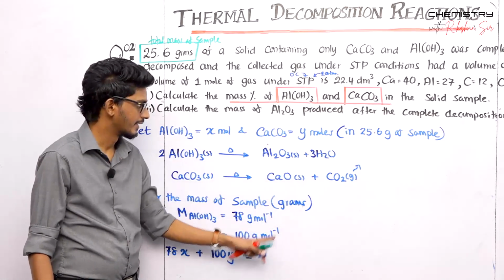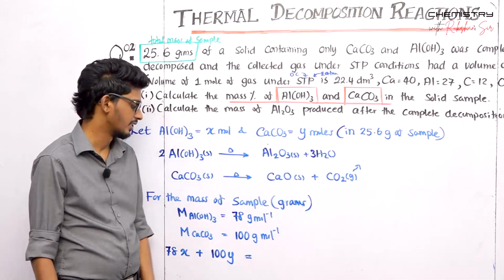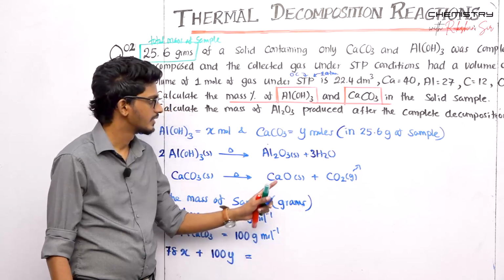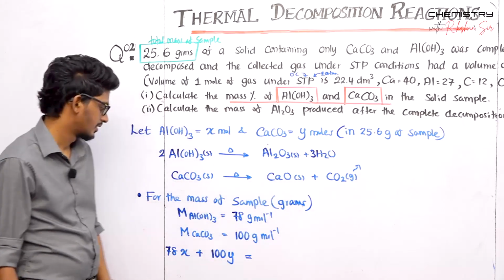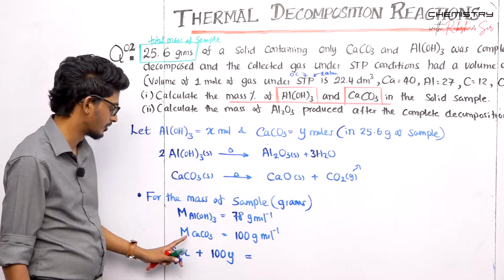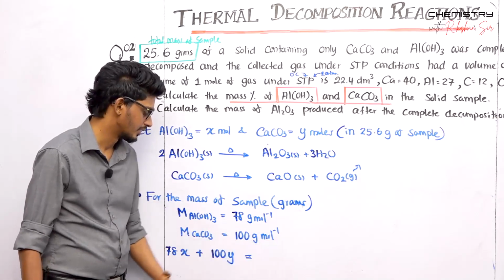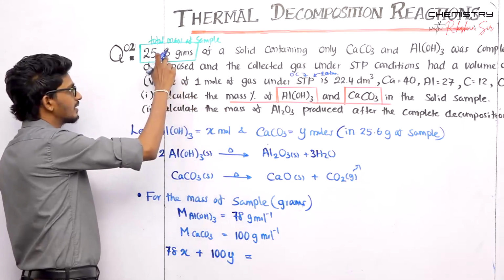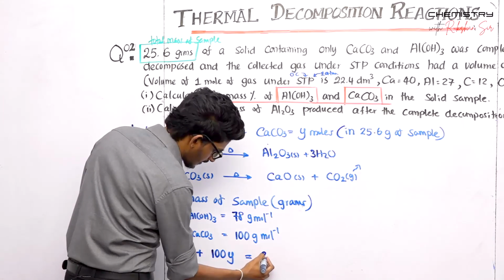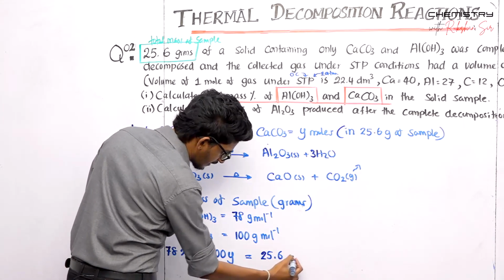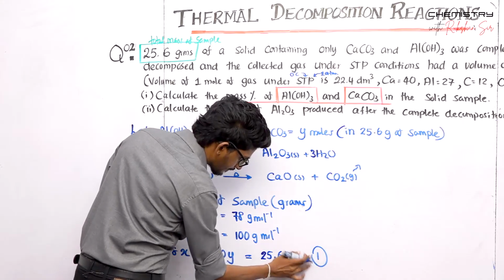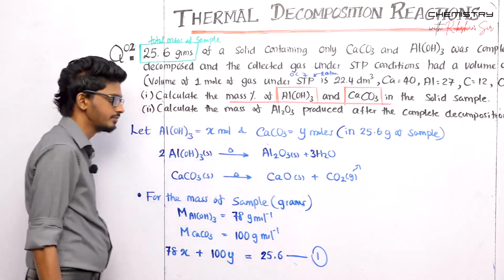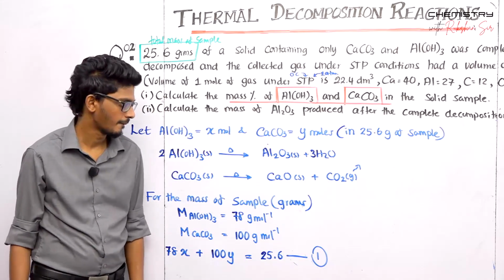The moles terms cancel off, so it comes as 100y grams. We are not writing the grams terms because those cancel off on both sides of the equal sign. That value is equal to the data point, 25.6. That is your first simultaneous equation.